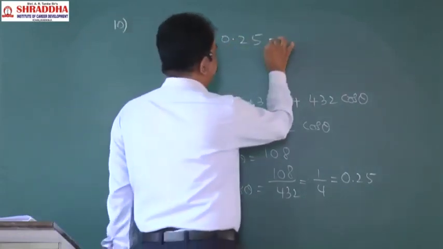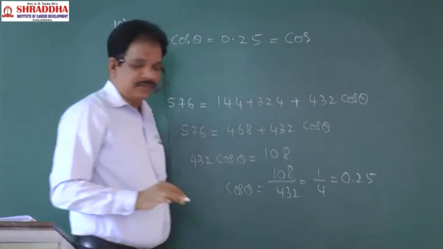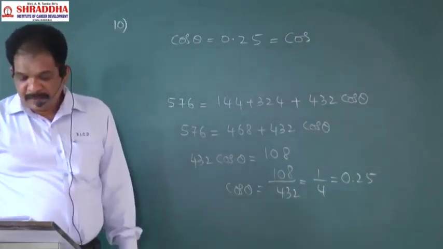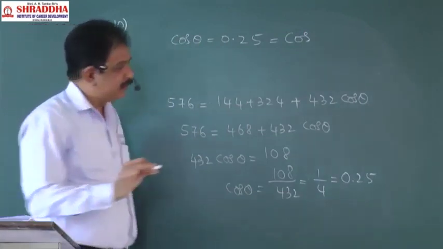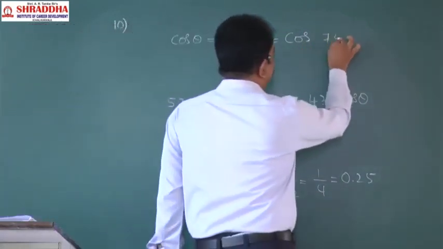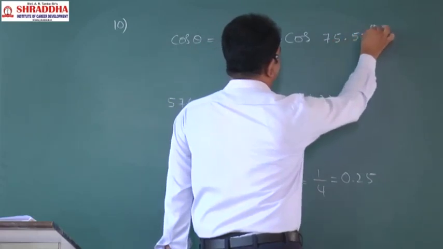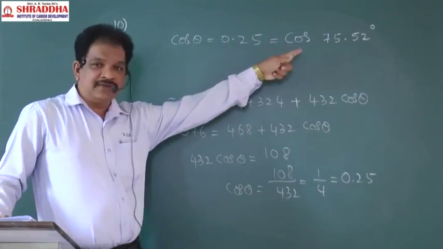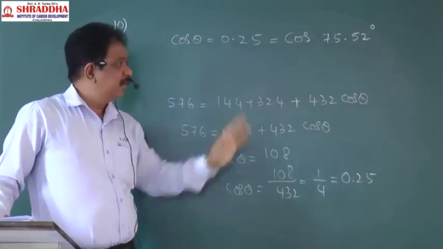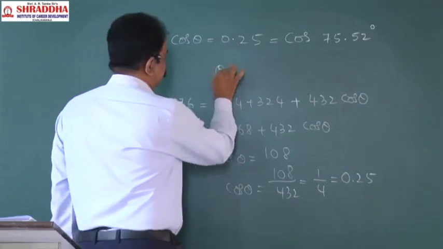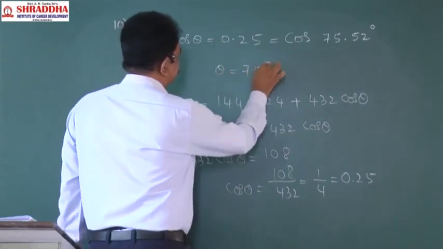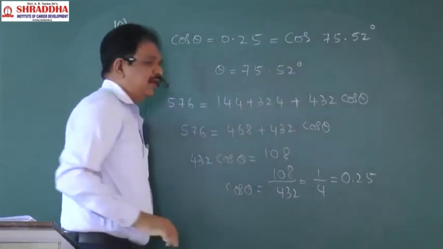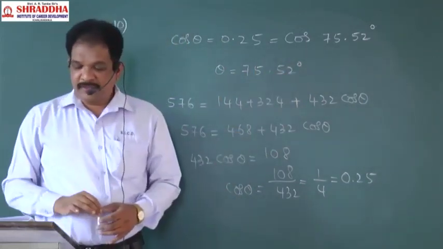That value will be cos of 75.52 degrees. If you check natural cosines, it will come there. So theta value will be 75.52 degrees. We will get that. Clear?